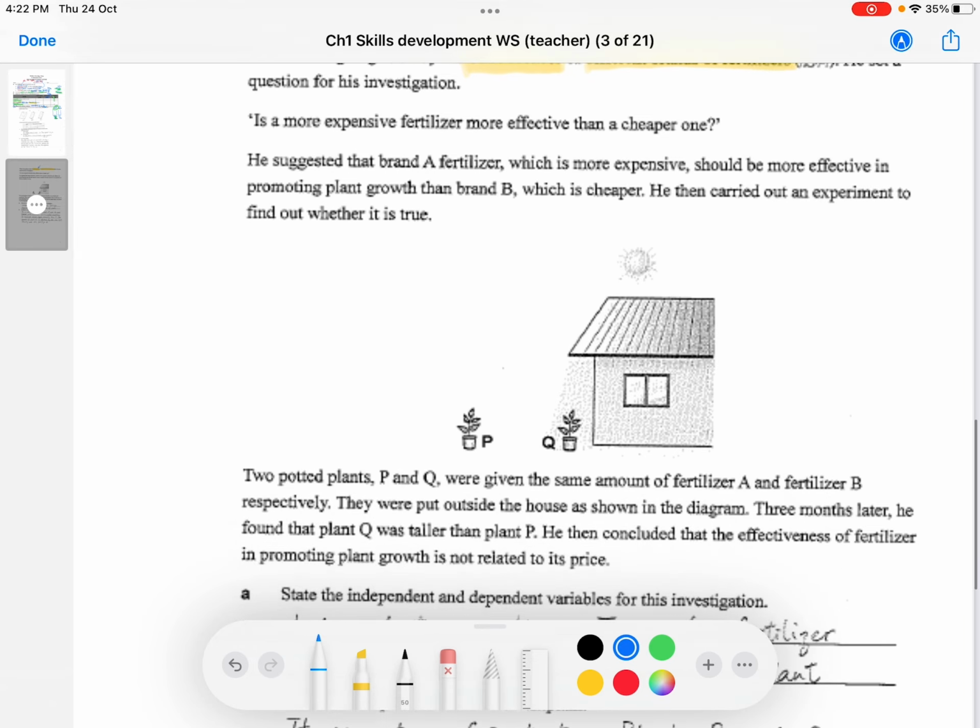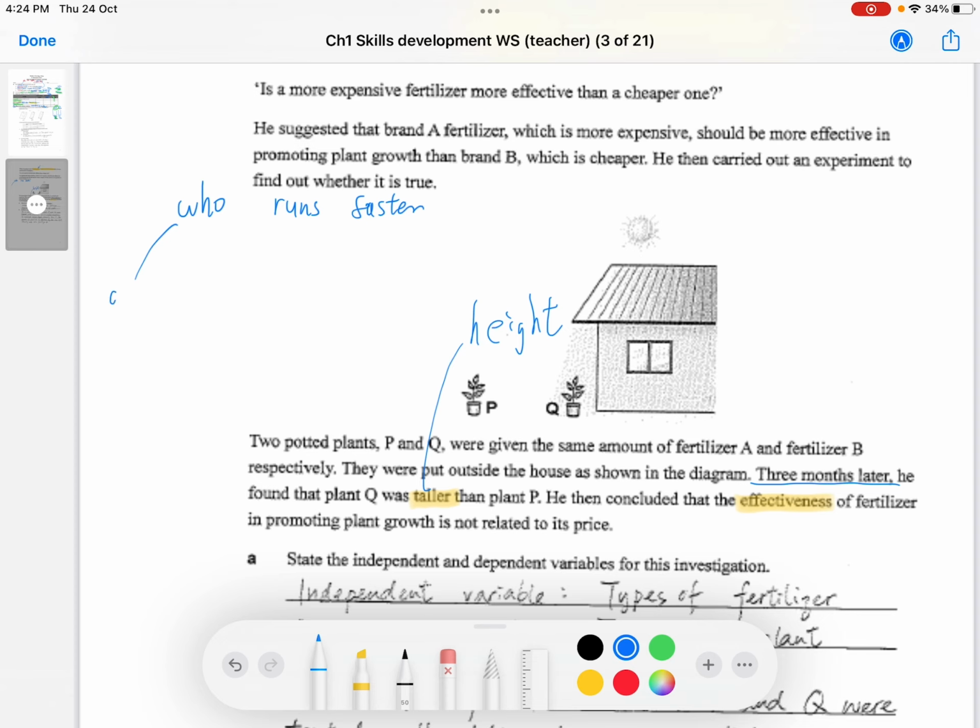And this time, other different brand of fertilizer or fertilizer A or B. 我哋今次研究嘅係咩？唔係唔同學生咯，而係唔同品牌嘅肥料 different brand of fertilizers is your target you would like to study. And then the other one is that you would like to know which of them is more effective. 即係點樣知道佢跑得快啲？How do you know that which of them is running faster? You need to do measurement.